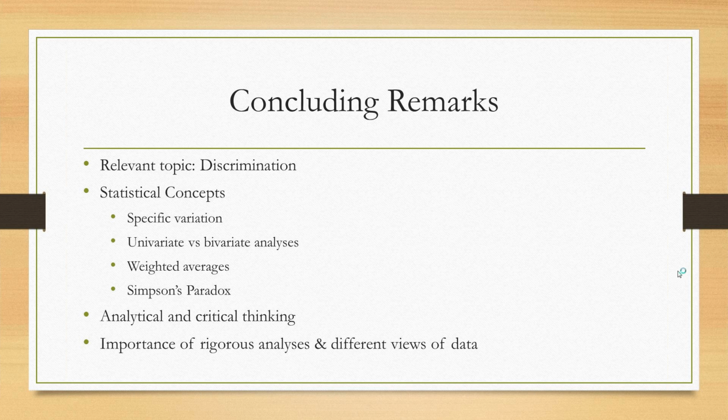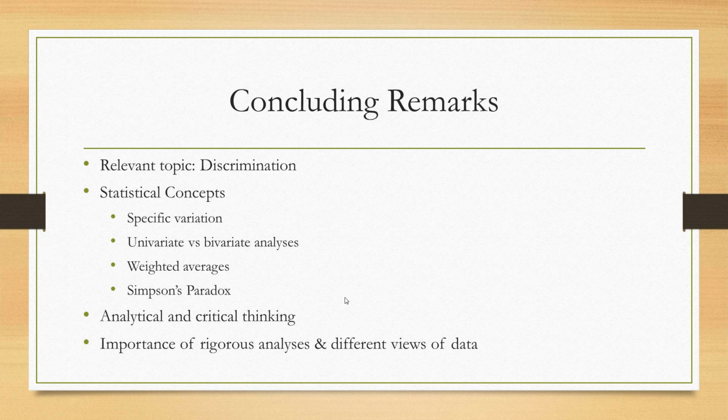And when we figure out the overall mean, as we said before, this is a classic case of Simpson's paradox. It's very important that people understand how you can get these different types of interpretations. And as we said, we did the analytical and critical thinking. We want our students to always think of the big picture.